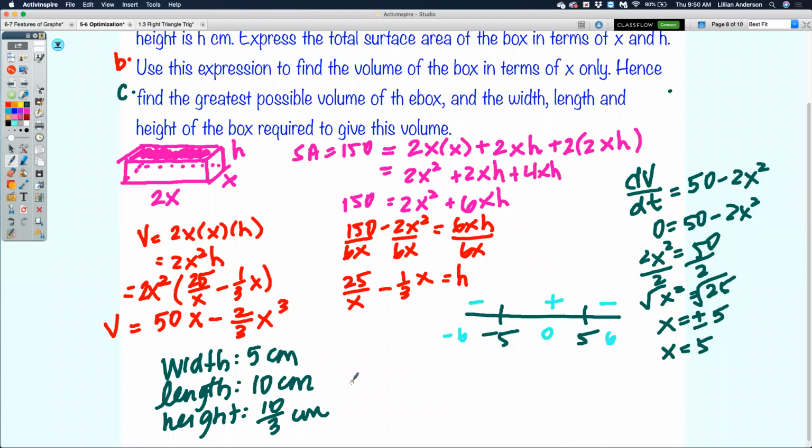So then the volume of my box, I can easily just do length times width times height since I have all the dimensions, or I could plug 5 back into the volume formula that we created over here in part B to get my volume. So let's do that. Let's find out our maximum volume.